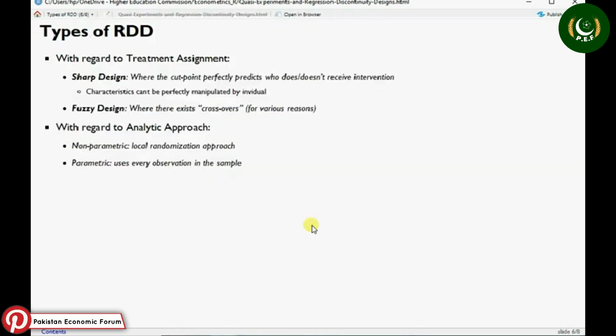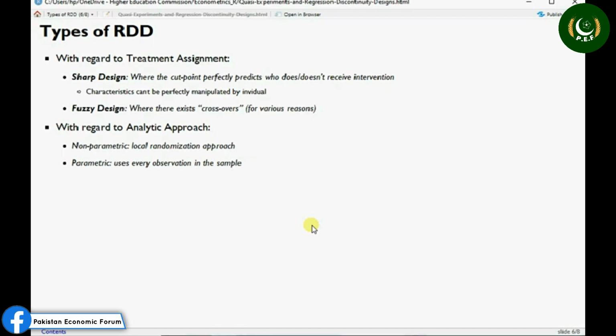Let's see. There are two types of regression discontinuity designs: sharp designs and fuzzy designs. In sharp designs, you have a very clear threshold, and below the threshold you will either get the treatment or not; this cannot overlap.